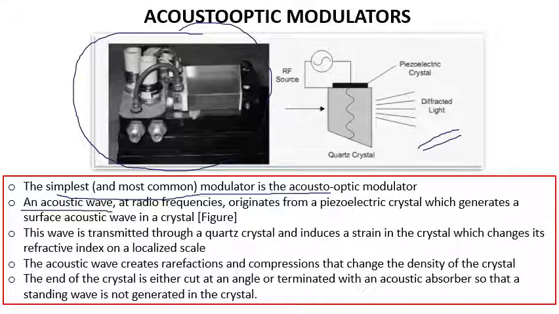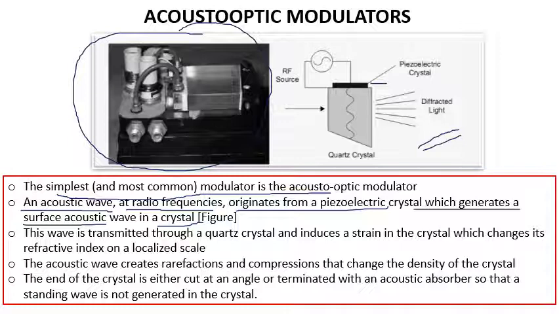Acoustic waves, sound waves, can be radio frequency waves in the megahertz range or something like this, and they originate from a piezoelectric crystal, this one here. This crystal generates the surface acoustic wave in a quartz crystal, you can say.